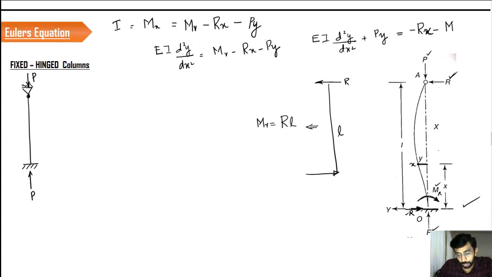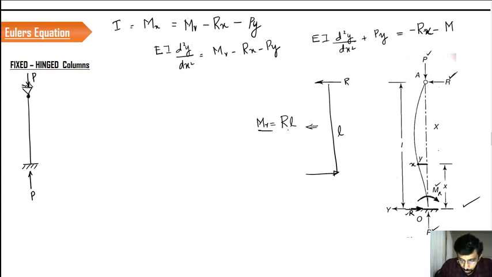As I told you, the horizontal reaction has developed at the hinge just because of the presence of this reactive moment MR. So if you want to balance this MR moment, there has to be a couple, thereby another R is going to develop at the other support. The one at the bottom support and the one at the top support are separated by a distance L. That means equal and opposite forces separated by a distance form a couple, and that couple is going to balance the reactive moment.